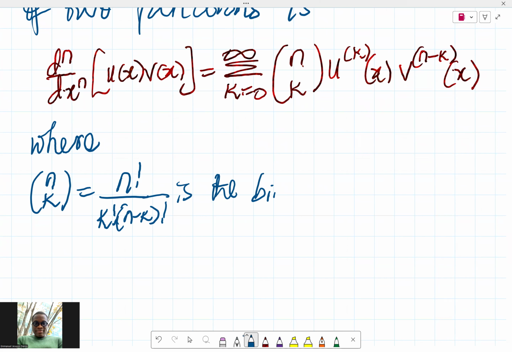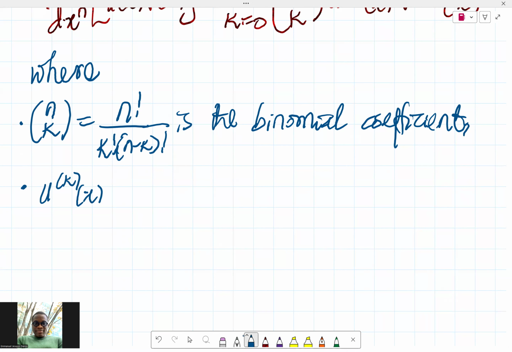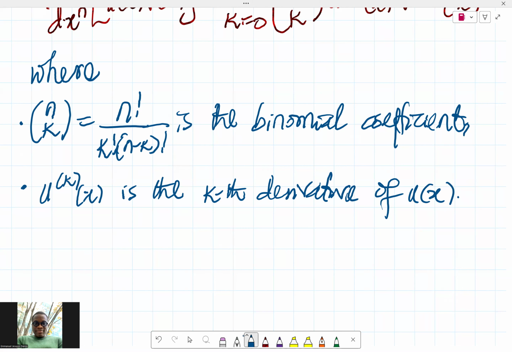Then u^(k) of x is the kth derivative of u of x.